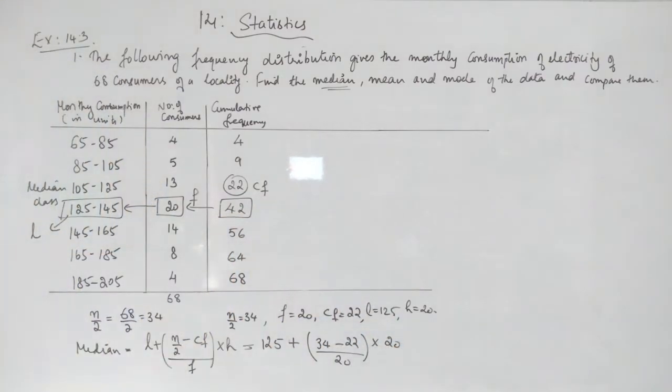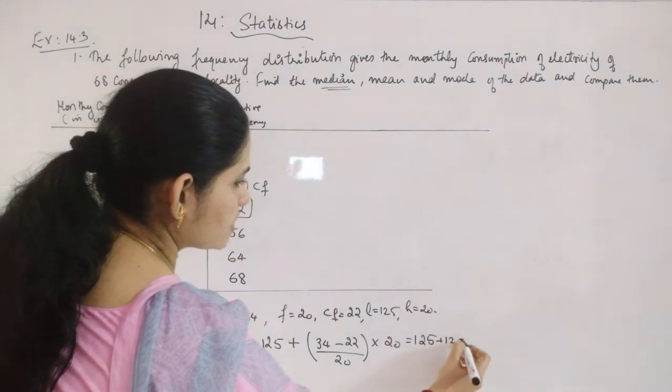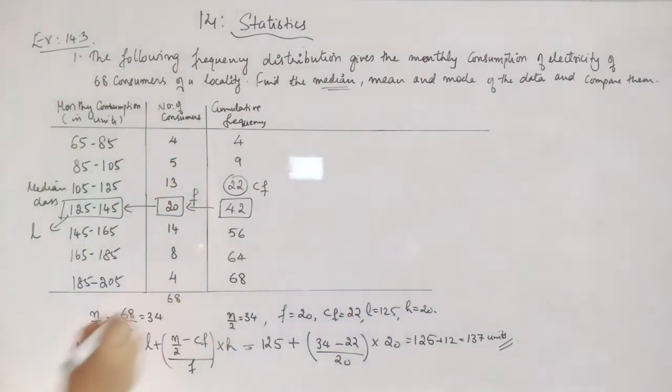The 20s cancel, and 34 minus 22 is added to 125. So this gives 125 plus 12, which is 137 units. That is the median.